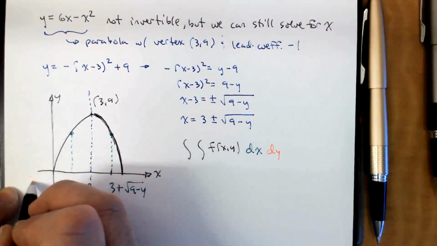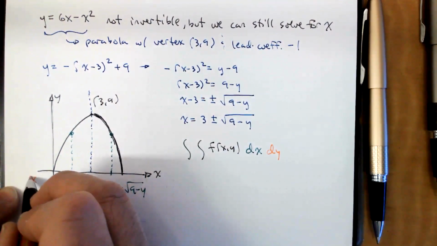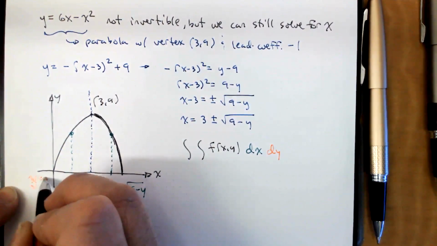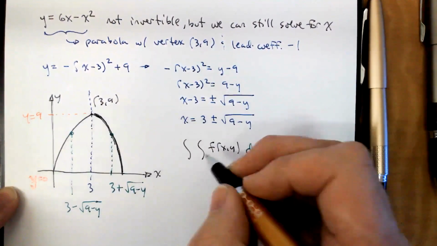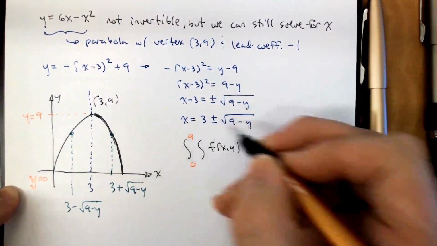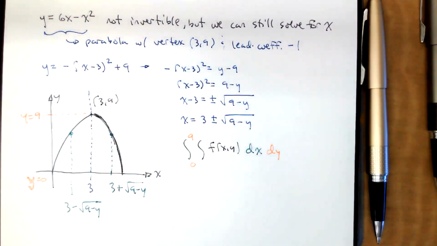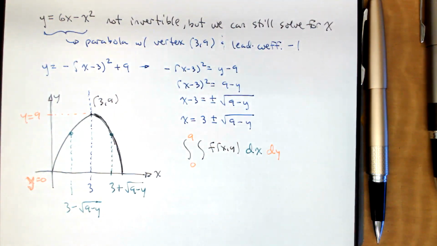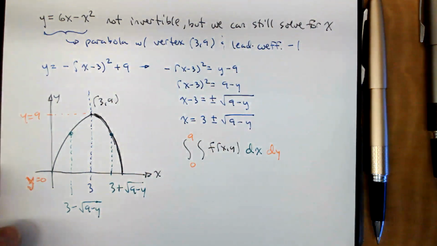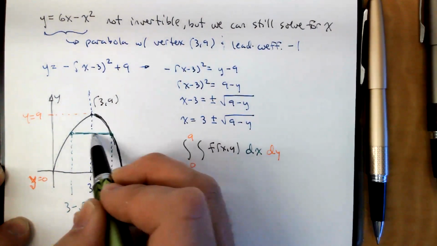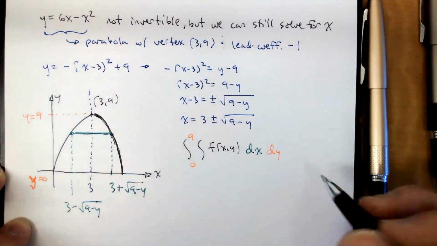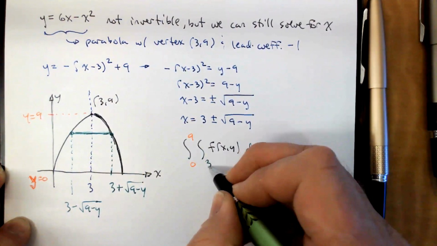That's easiest. So the y is going from 0 to 9. And the x will go from 3 minus the square root of 9 minus y to 3 plus the square root of 9 minus y. 3 minus the square root is on the left. 3 plus the square root is on the right.